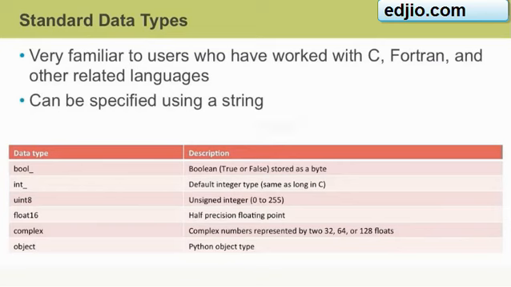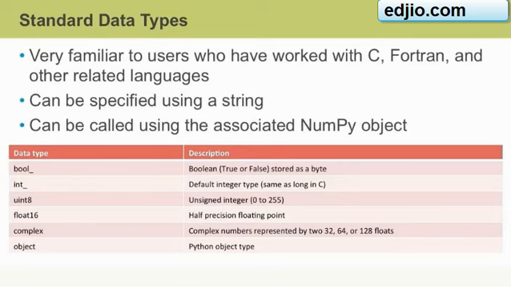You may also obtain a NumPy array's data type by calling the dtype attribute on the array's associated ndarray object. The table in the slide shows a sample of the standard types that you may specify, which includes Boolean, signed integer, unsigned integer, floating point, complex numbers, and the generic Python object type.